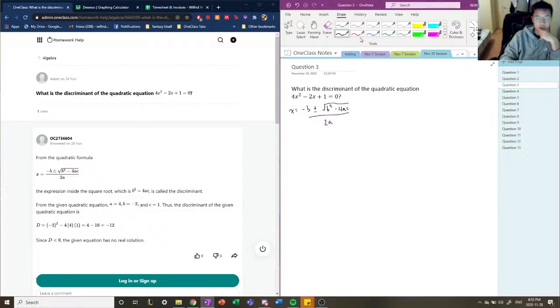The discriminant is based off this part of the formula, b squared minus 4ac. So the discriminant D is equal to b squared minus 4ac, and the properties of D help us determine how many solutions the equation has. If D is greater than 0, we have two solutions. If D is equal to 0, we have one solution.